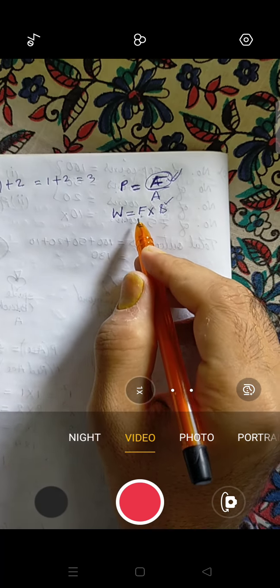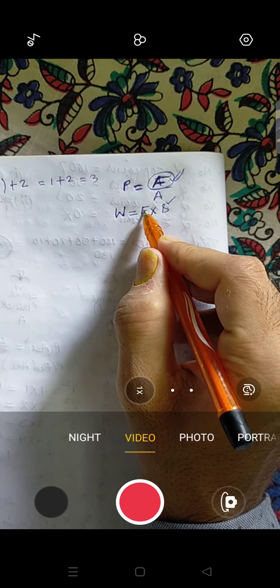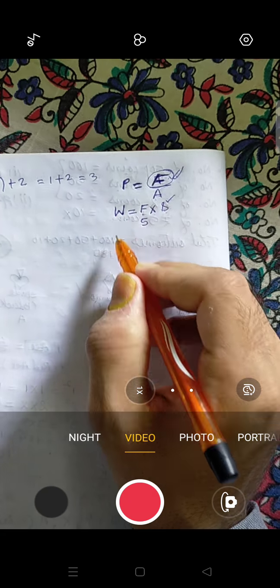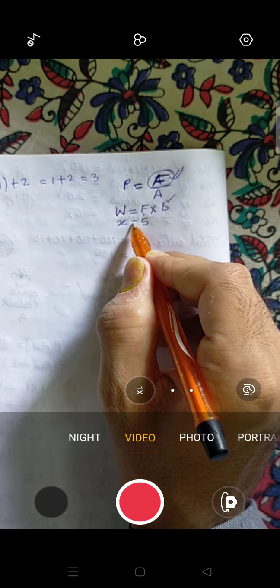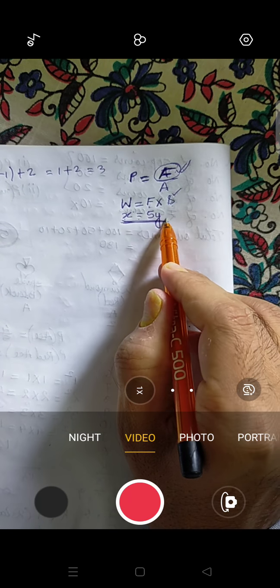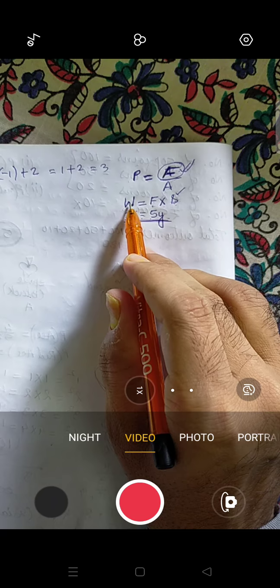I am taking work as x and displacement as y. So this is our equation: x is equal to 5y. 5 is force, y is displacement, x is work. Is it clear?